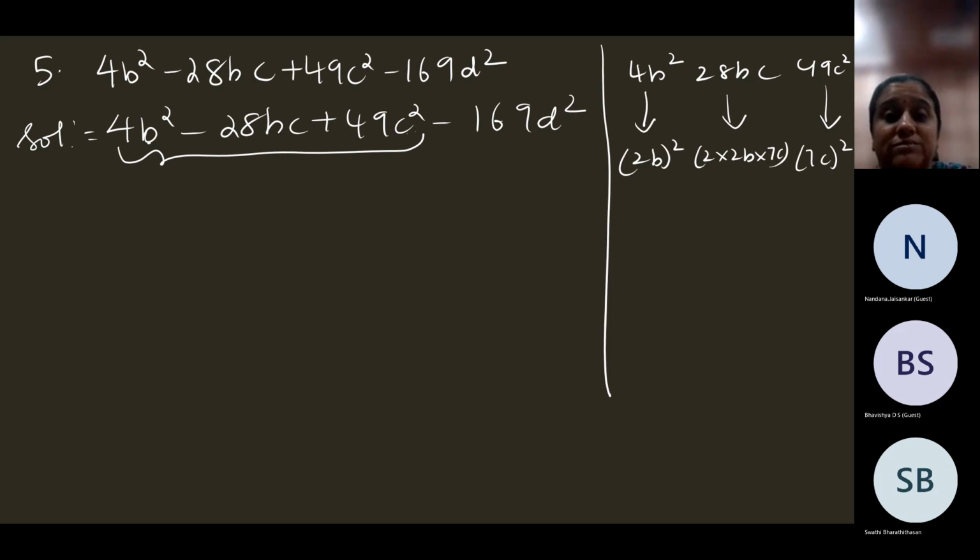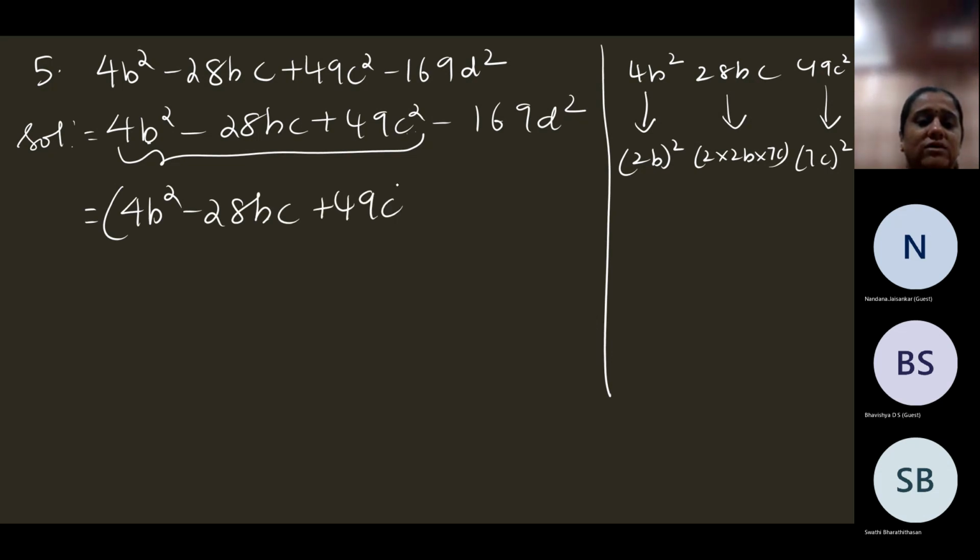We are getting the middle term. So we group the first three terms: put a bracket, 4b square minus 28bc plus 49c square, minus 169d square.